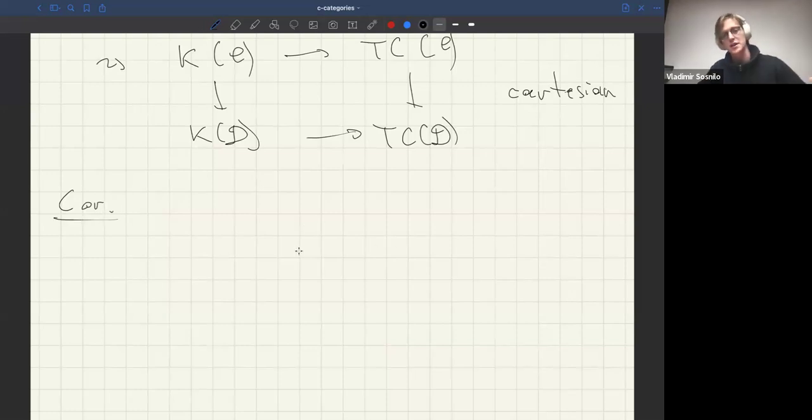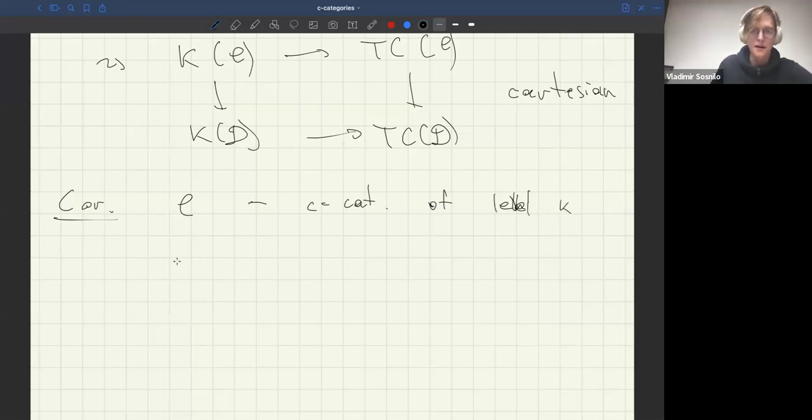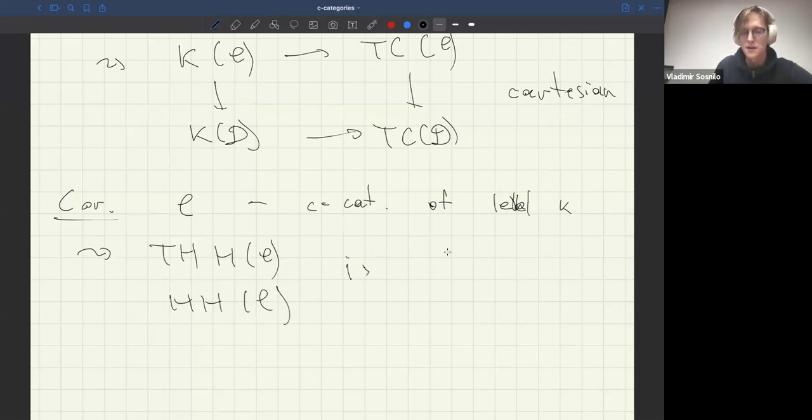Then, okay, another corollary, which is actually even simpler. So if you have C, a C category, and say it's a C category of level K, then THH, or HH if you like, if you work in the linear setting, is minus K connective.